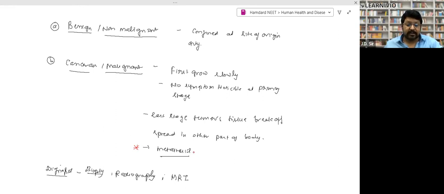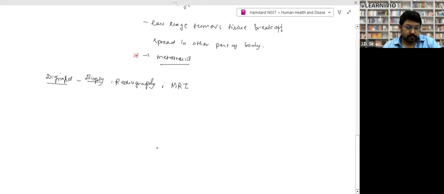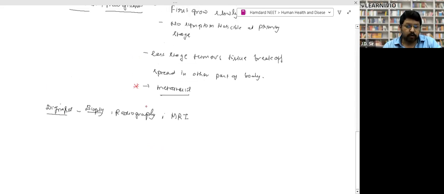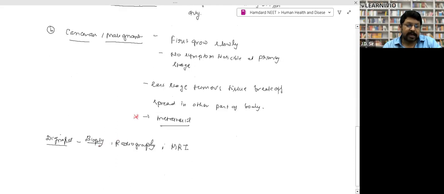Metastasis is the stage when tissues of a malignant tumor break down and spread throughout the blood. Cancer can be detected by biopsy, radiography, and MRI.